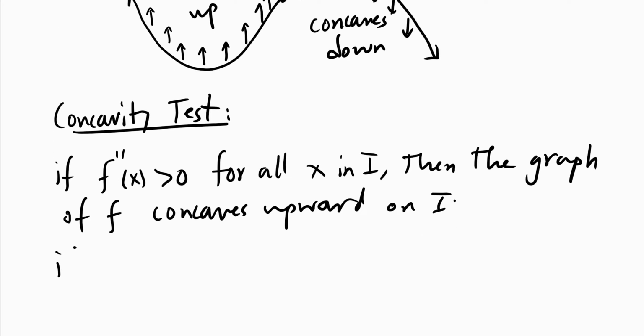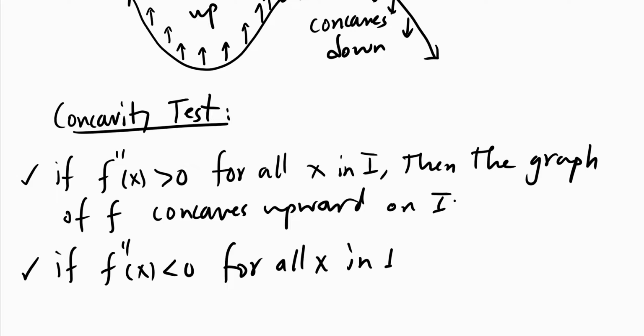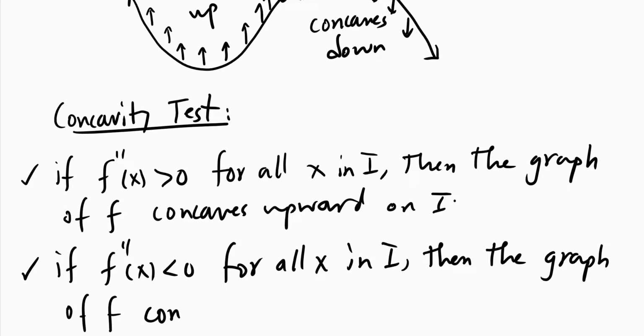Now, if the second derivative is less than 0 for all x in I, then the graph of f concaves downward on I.